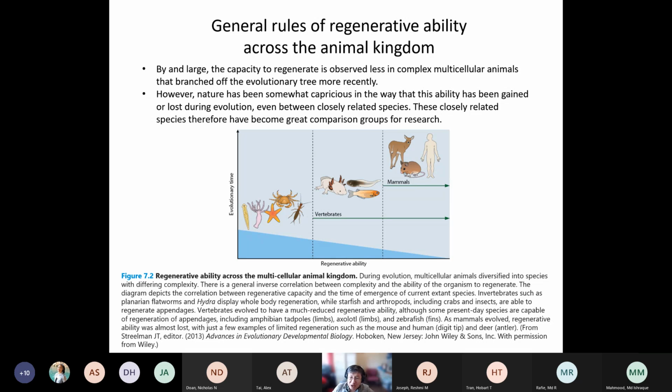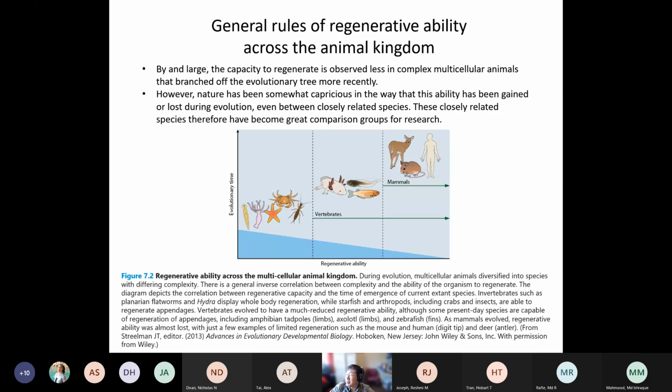And then if you get a COVID infection, maybe some lung cells will die, and then they eventually get replaced, regenerated. So we still have some power, but compared to the lower species there, the power is much limited. Same for mouse, and for that deer, the antler can be regenerated.